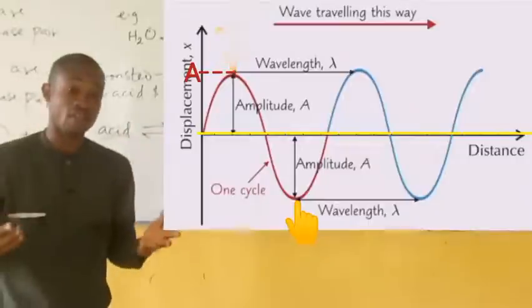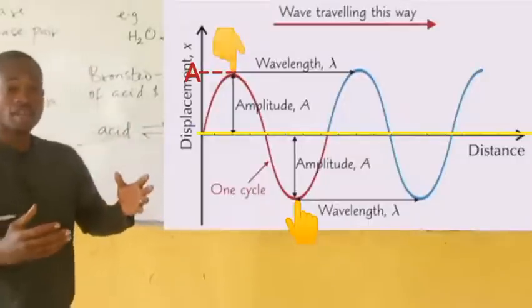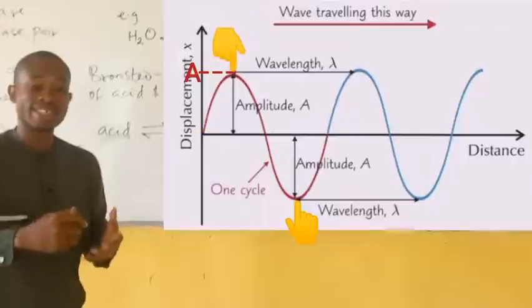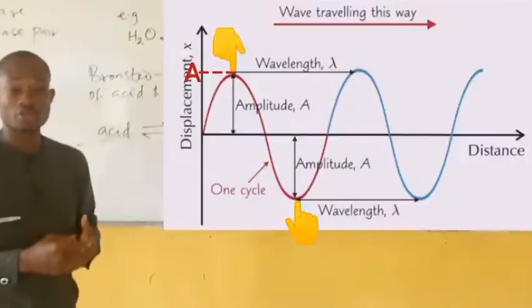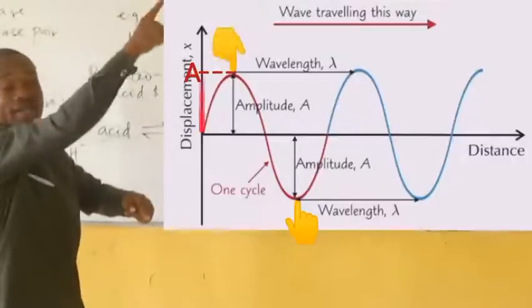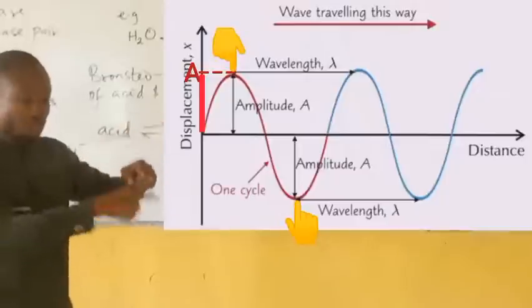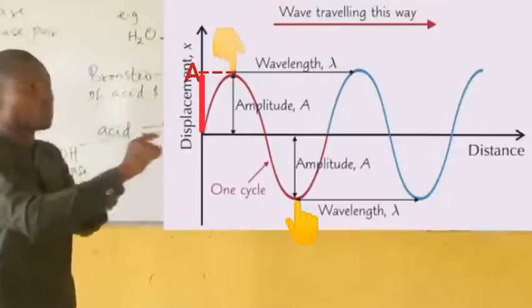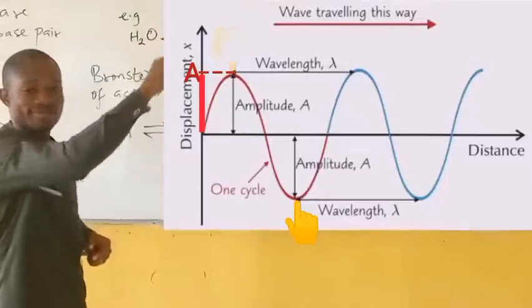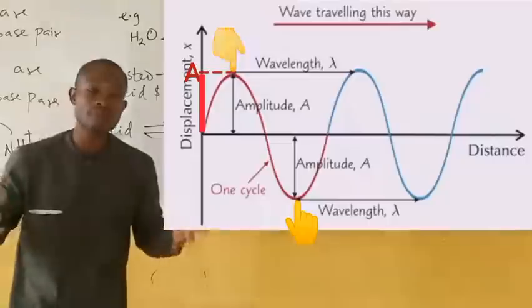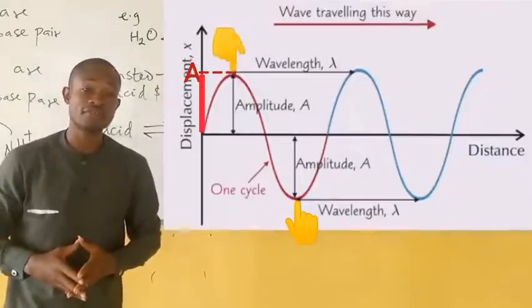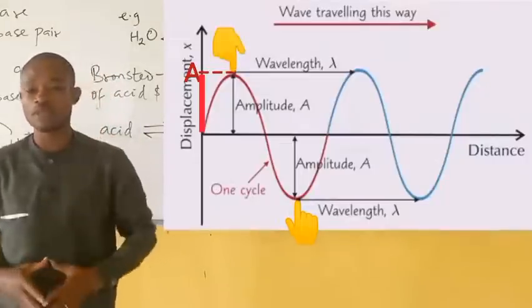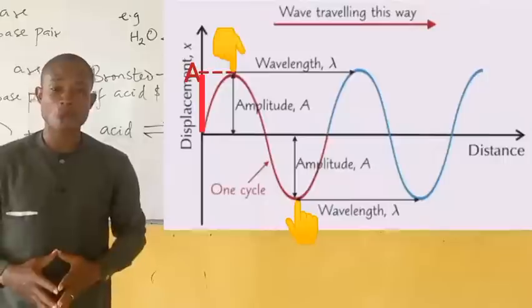Usually in plotting graph, that point is given as 0. So by the time you set a wave in motion, the maximum displacement you give to it is the rise to that highest peak. Are you following, right? The rise from that origin, that rest position, to the highest peak, that is what we call the amplitude of the wave. Once again, the maximum displacement of a wave from its rest or mean position.